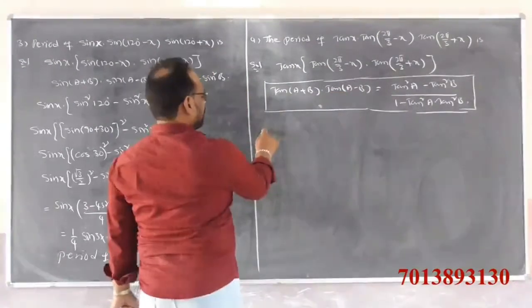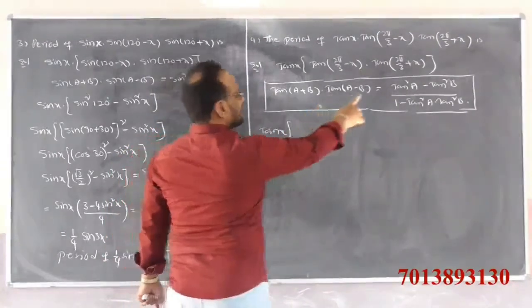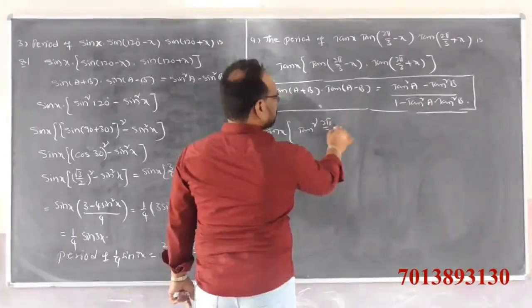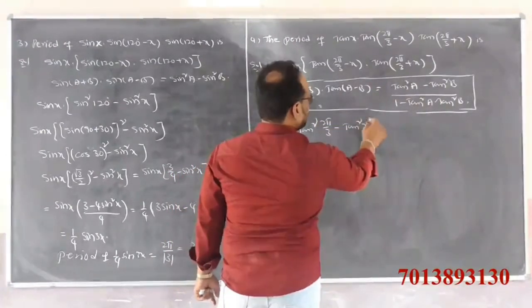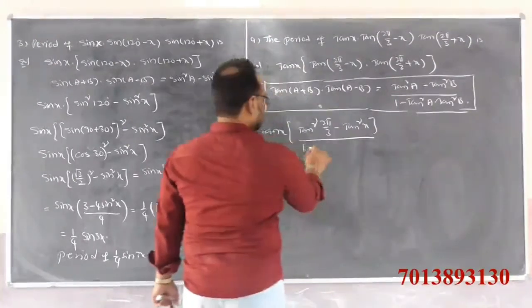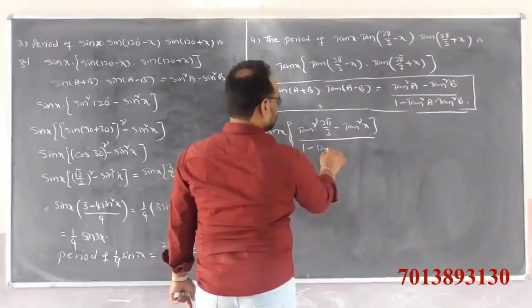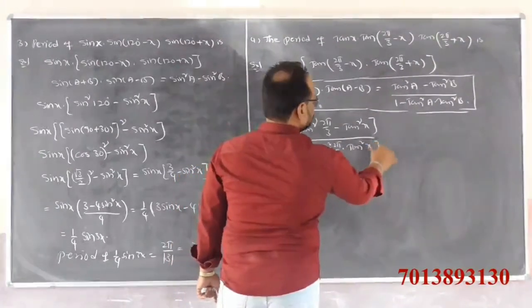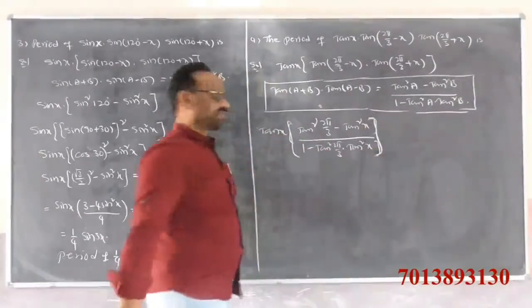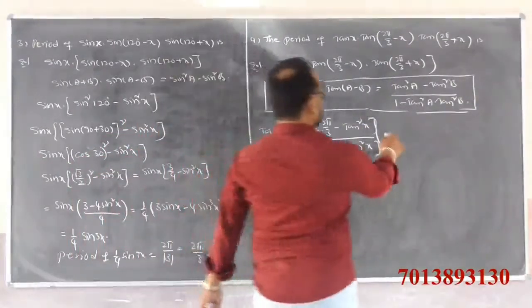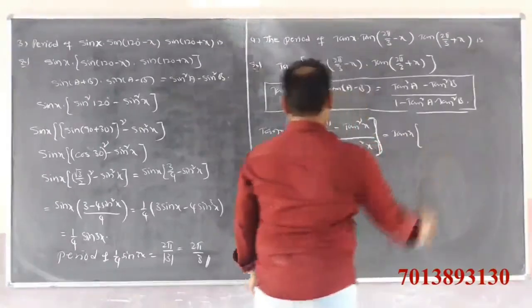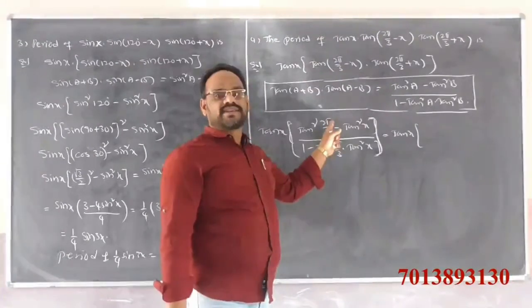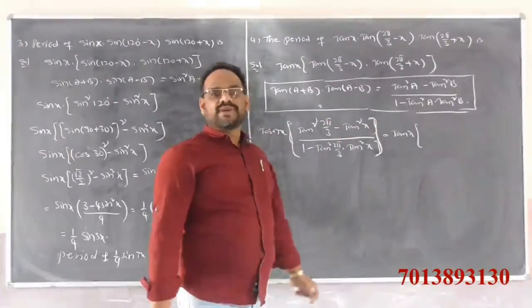So substituting here, we get tan x into tan square 2 pi by 3 minus tan square x by 1 minus tan square 2 pi by 3 into tan square x. 2 pi by 3 means 3 ones are 360, a 180, 60 into 2 is nothing but 120.